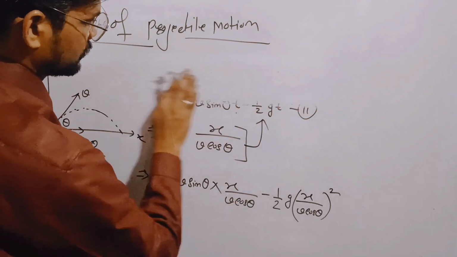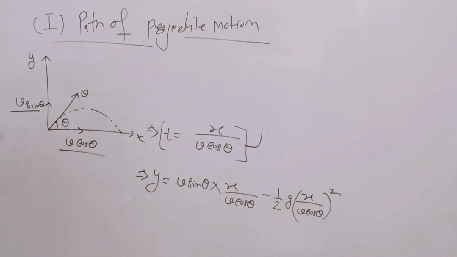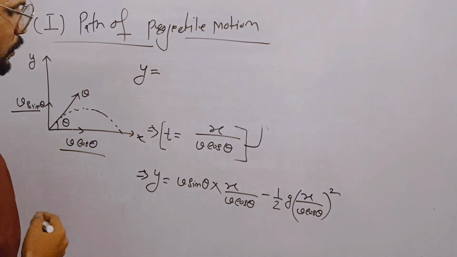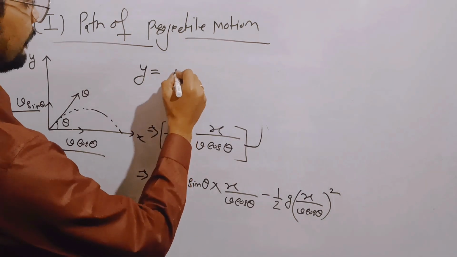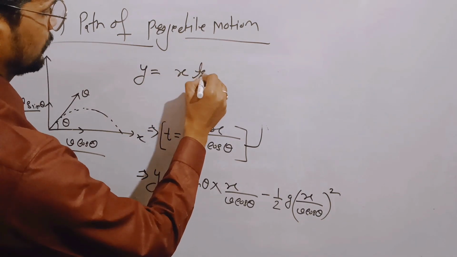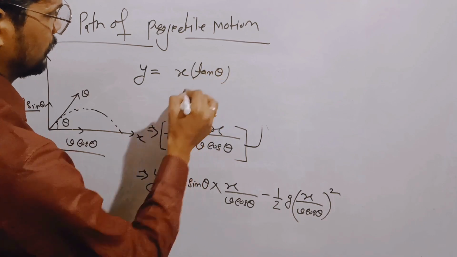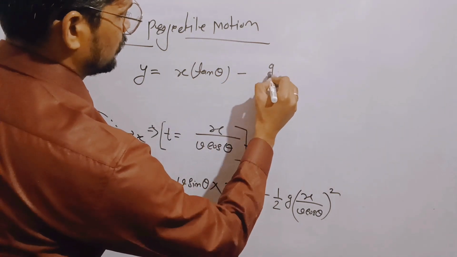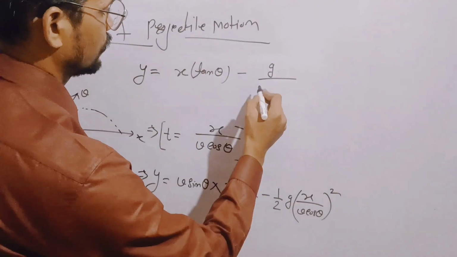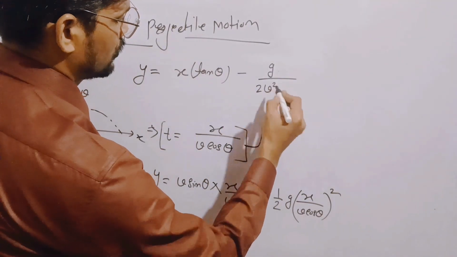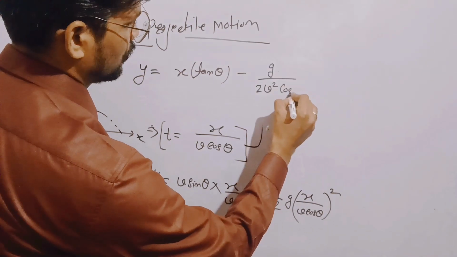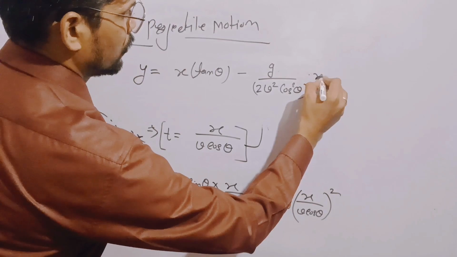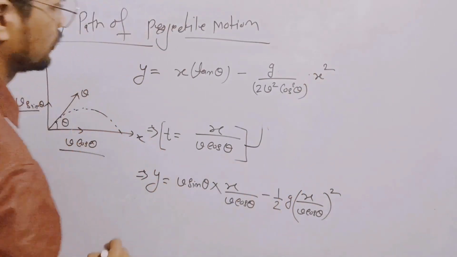This equation is the path of the projectile motion. So y is equal to x tan theta minus g upon 2v square cos square theta into x square.